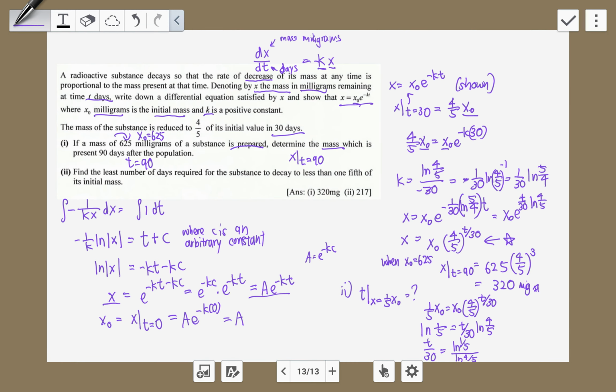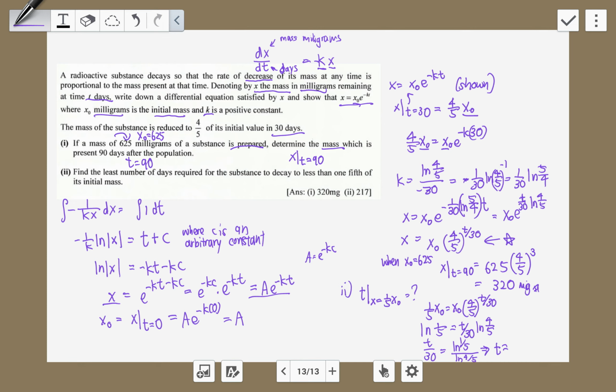This implies that t equals 30 multiplied by all this. So let's see how to calculate this number.